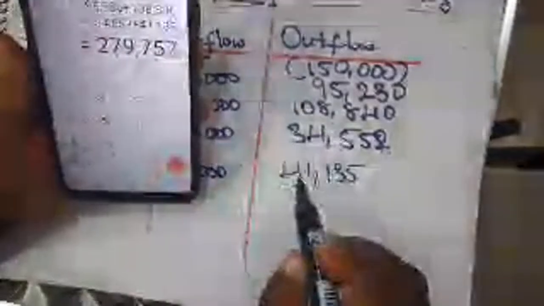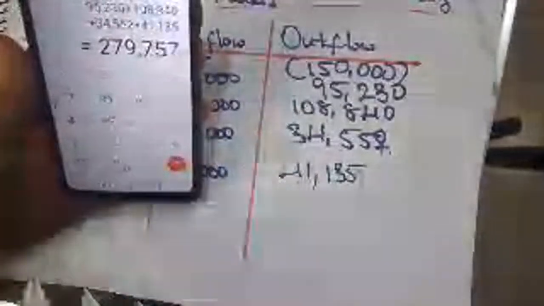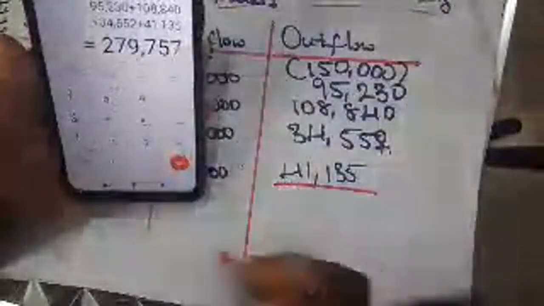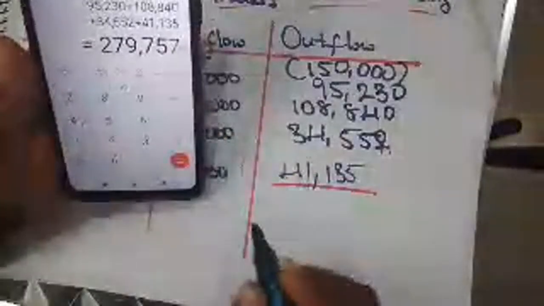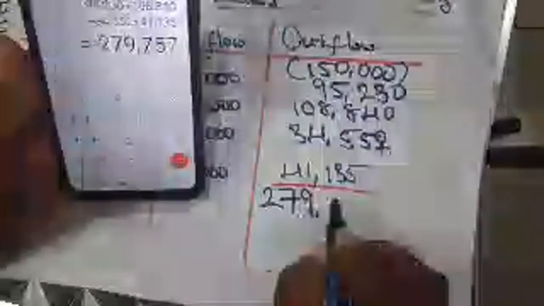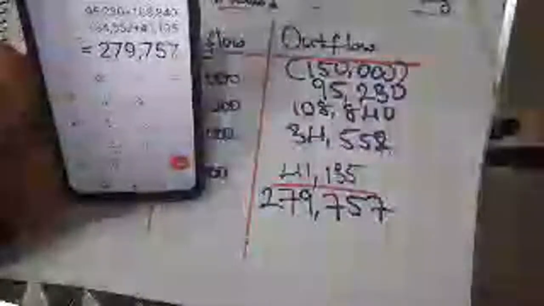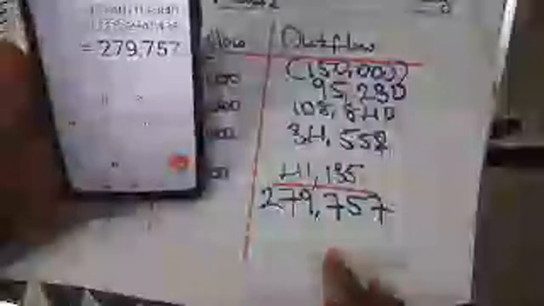So it's a total of 279,757. So what's the next thing?